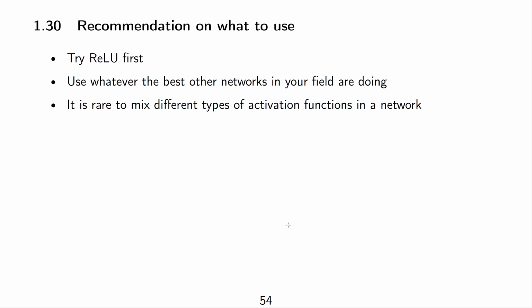Now, another comment is that it is rare to mix different types of activation functions in a network, not in a motivated way. Often maybe the last layer is a classification layer, so there you might use a different nonlinear activation function than in other layers. But if you have, let's say, 10 similar convolutional layers, you would not randomly switch out activation functions.